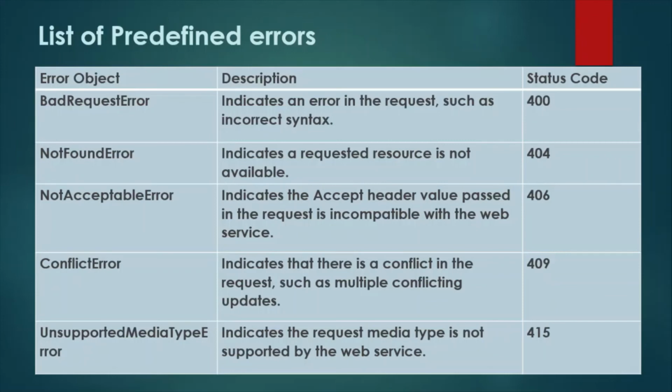UnsupportedMediaTypeError indicates the request media type is not supported by the web service, and that is indicated by the 415 status code. So these are the commonly used predefined errors. We can print our error and find out what status code we are getting. Based on that you can make changes in your script.